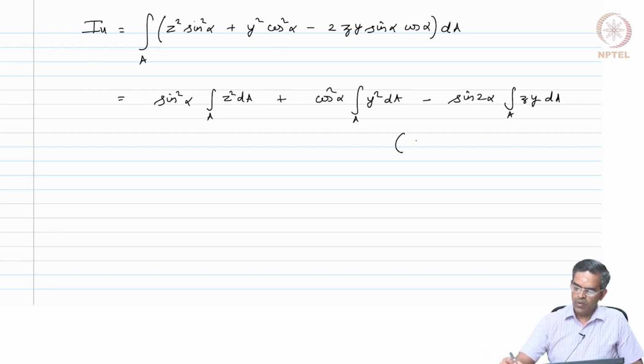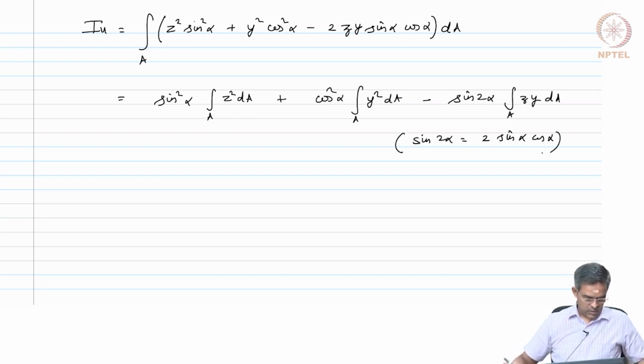How do we write this? We know sin 2 alpha is 2 sin alpha cos alpha.